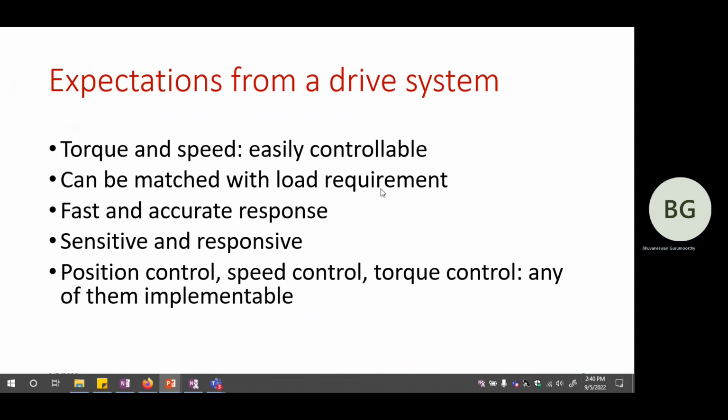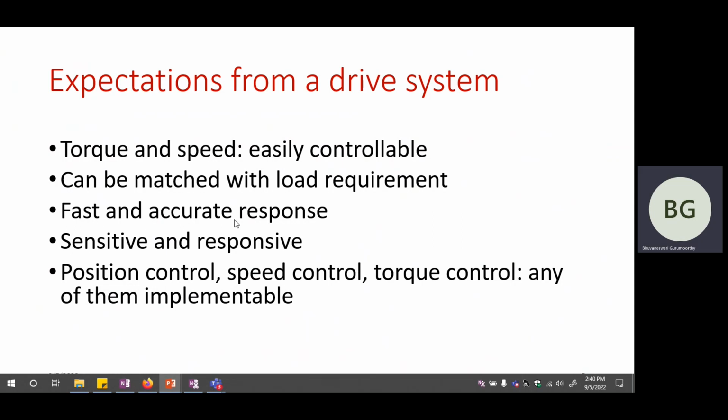Only then will there be equilibrium between the drive system and the load. If the two are not matched, there will be continuous oscillations in the speed and torque. So to avoid that, the drive system should control the torque and speed imparting capability of the motor very, very accurately.